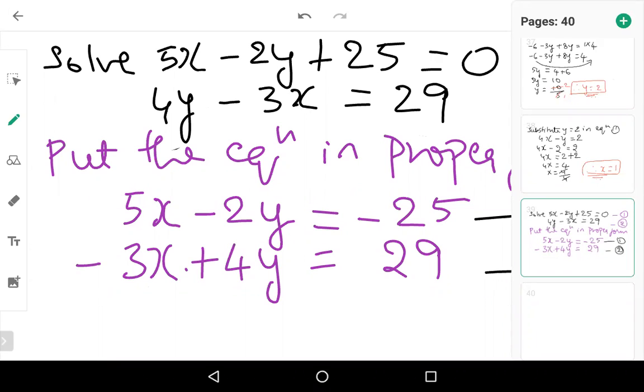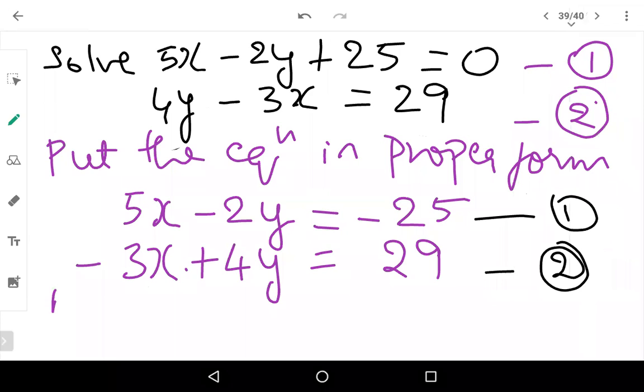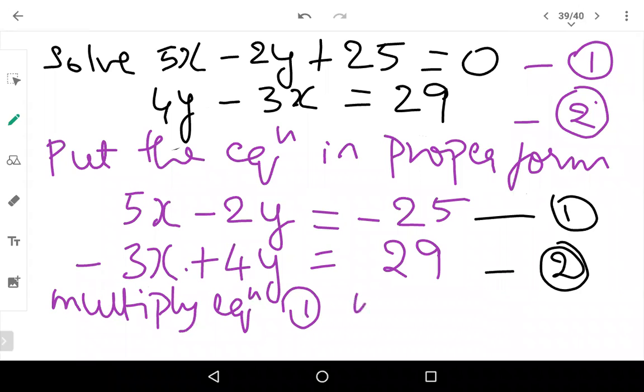Now to make the x coefficients the same number, which number should I multiply with them? Equation 1 with what? Plus 3, minus 3, minus 3 and 5.